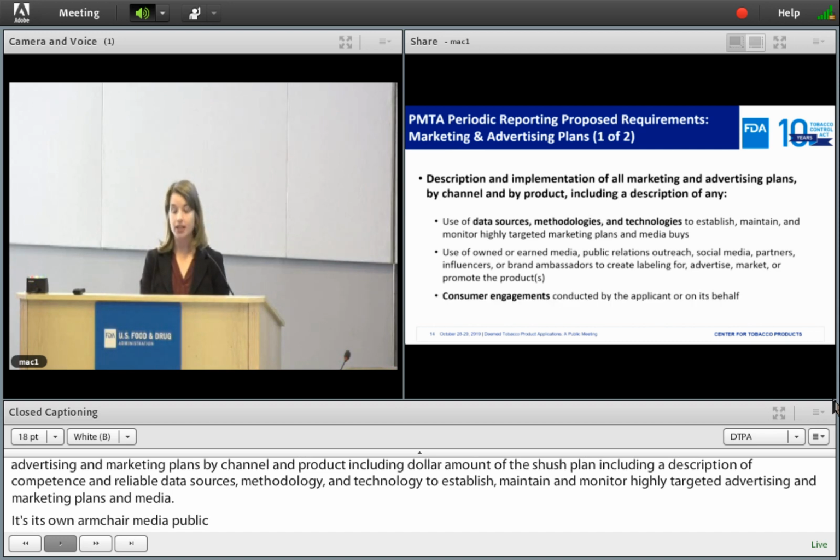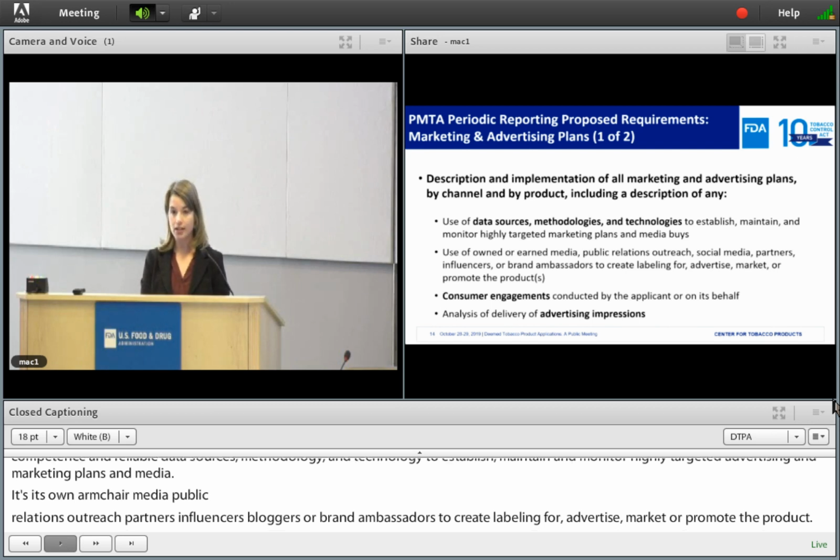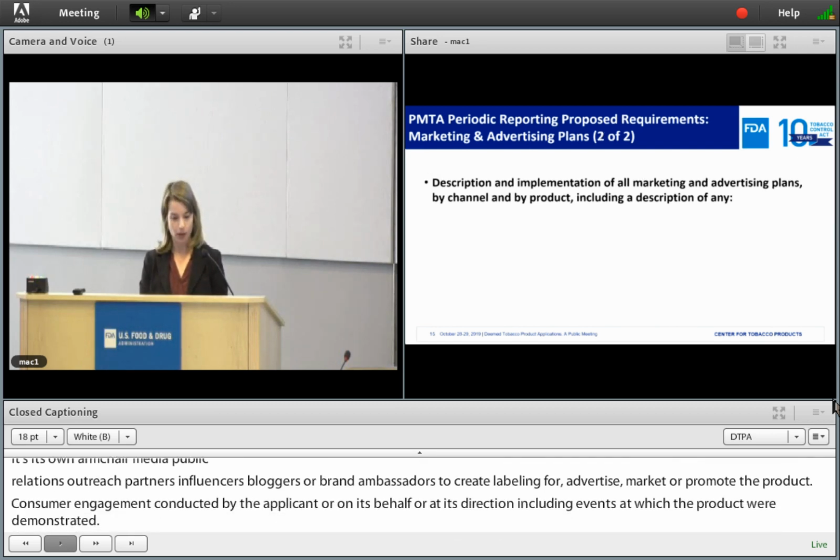Consumer engagements conducted by the applicant or on its behalf or at its direction, including events at which the products were demonstrated, as well as an analysis of actual delivery of advertising impressions, including breakouts by age ranges to the extent that this is applicable.